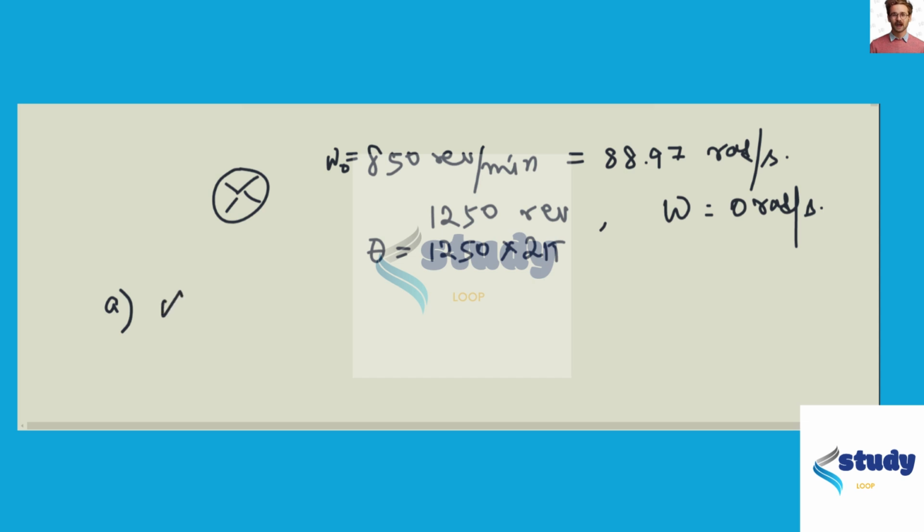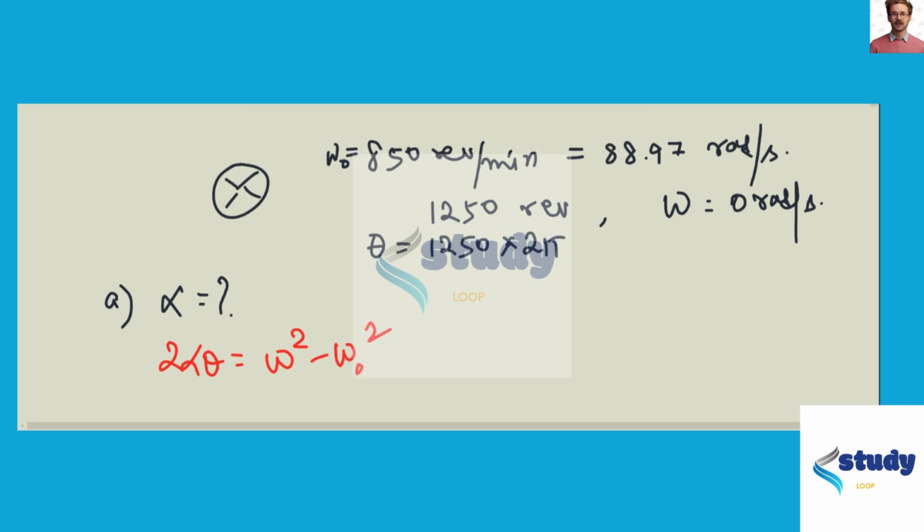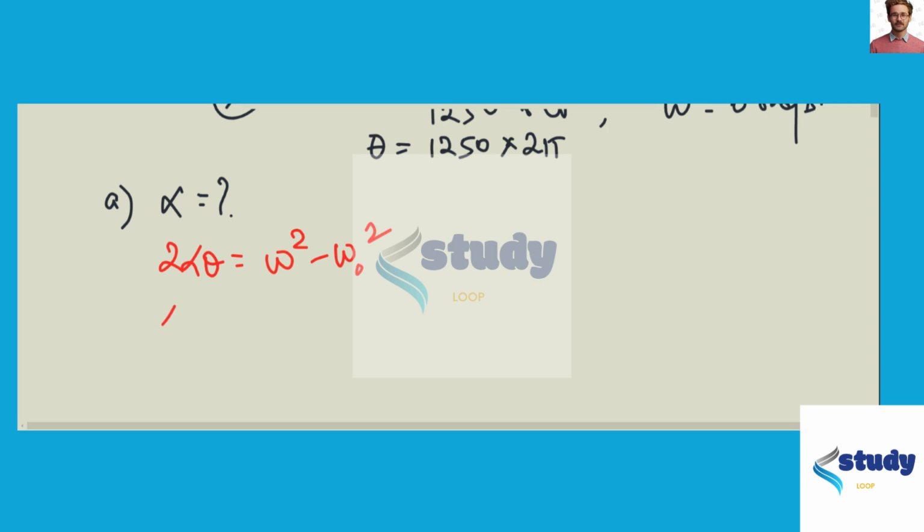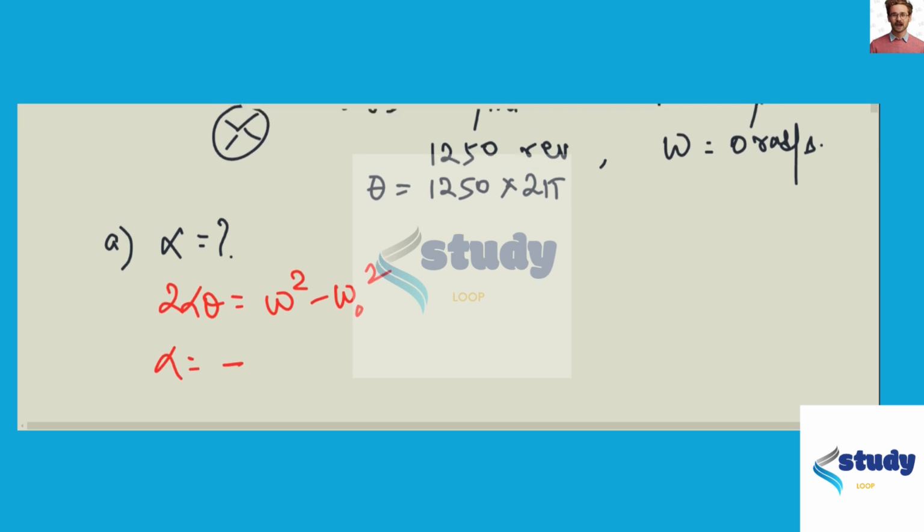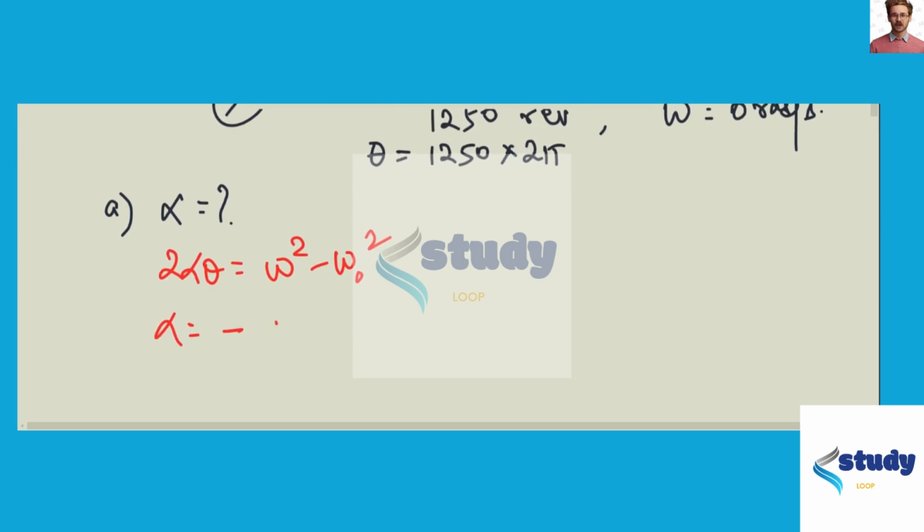So let's say angular acceleration is represented by alpha here, and we can use the kinematic equation 2 alpha theta equals omega square minus omega naught square. So rearranging gives us the value of angular acceleration as minus 88.97 square divided by 2 times theta.